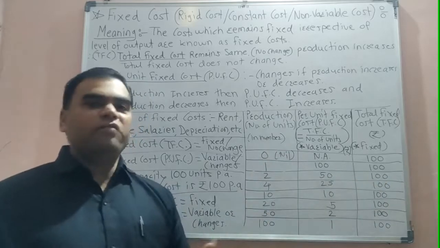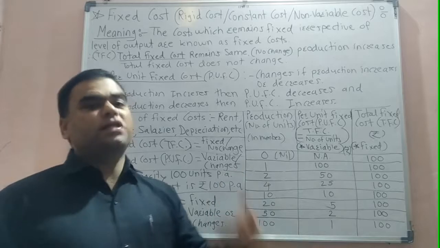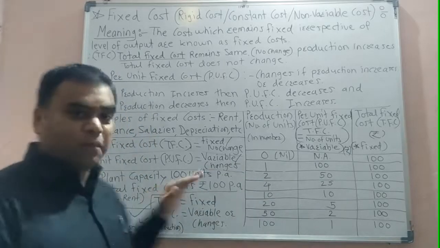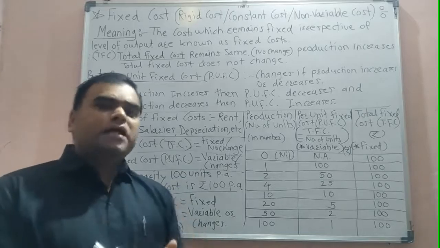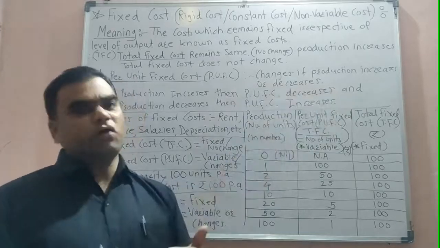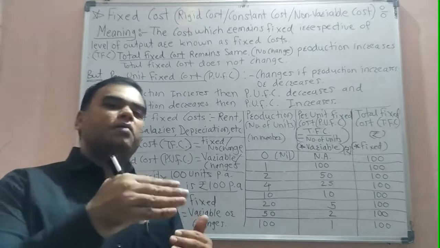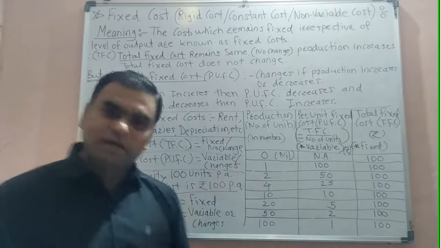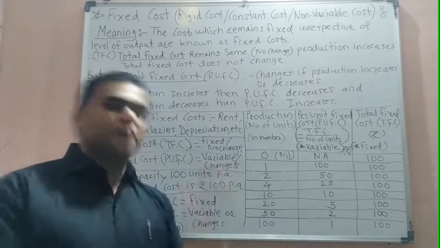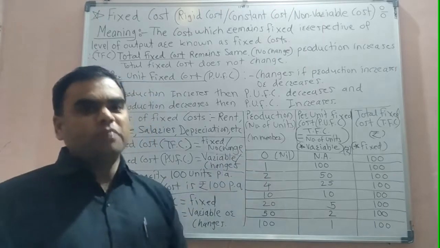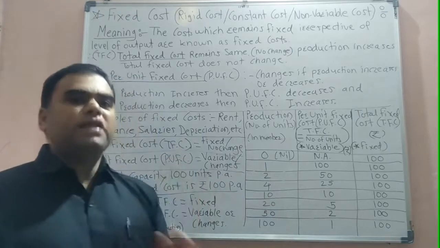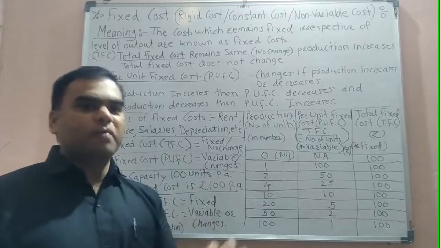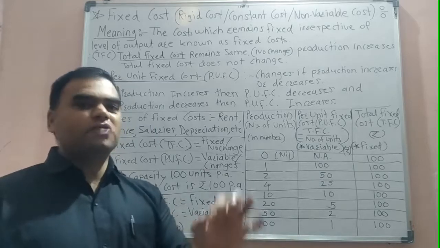Suppose you have manufactured 10 units, 20 units, 50 units or 100 units up to your plant capacity, your rent amount will not increase. If production is decreased, rent will not decrease, it will remain the same. Suppose rent per annum is rupees 100, then whether you manufacture or not, the rent payable will be the same, that is rupees 100.